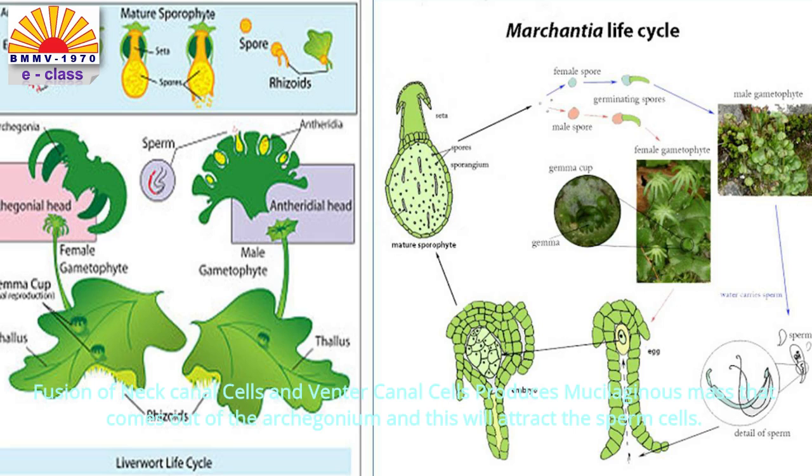The fusion of both male and female nuclei will result in the formation of a diploid zygote, also known as oospore. Fertilization ends the gametophytic phase, whereas formation of a diploid zygote is the start of the sporophytic phase. The zygote will remain attached to the female gametophyte.